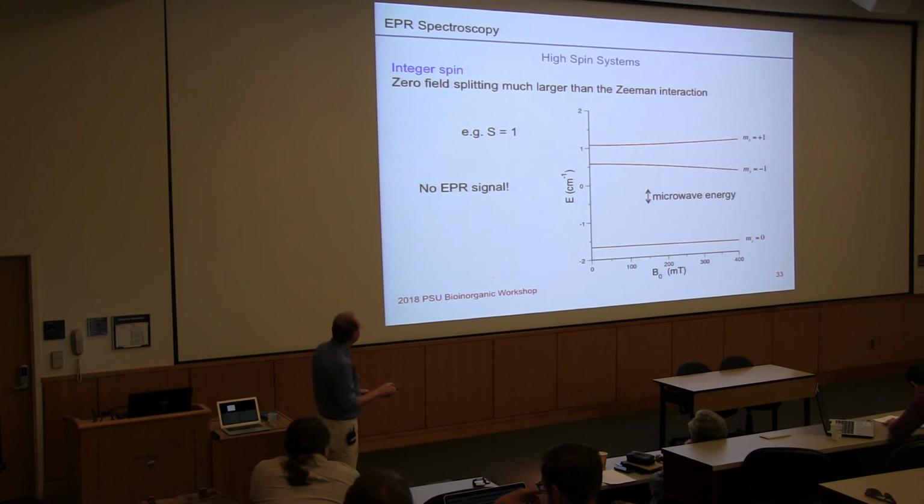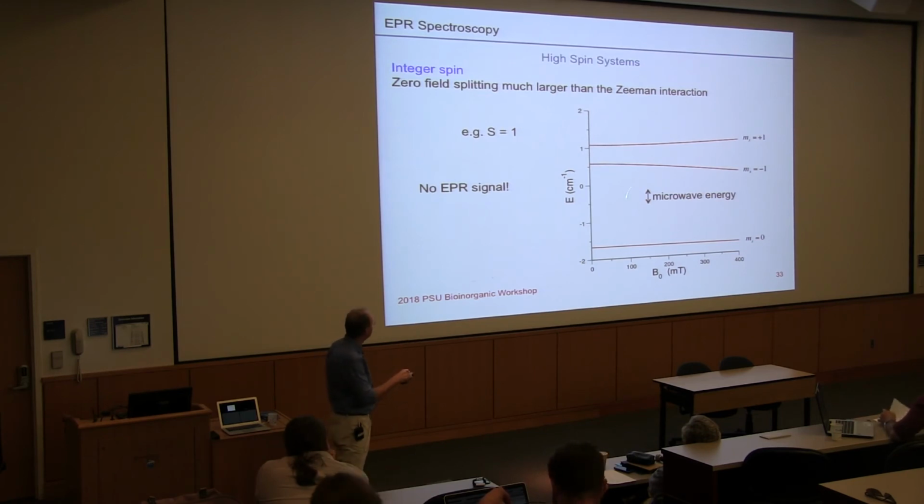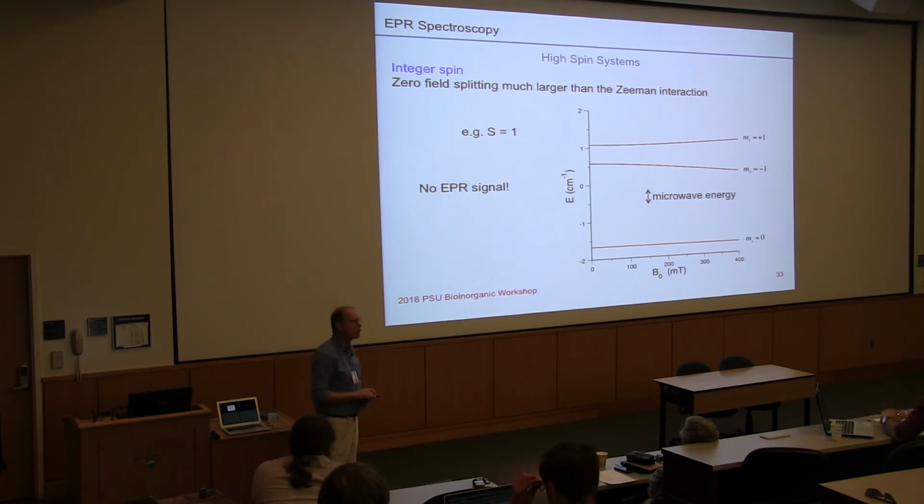So these are drawn for a particular strength of this so-called zero field interaction. And if at X band this would be the size of my microwave energy, you can see in this diagram there's no pair of levels that match this energy gap. And so for integer spins, even though my system is paramagnetic, it becomes essentially impossible to see the EPR spectrum.